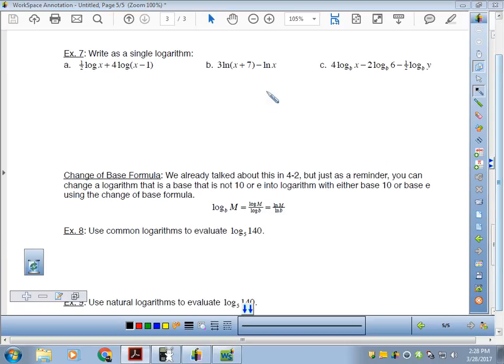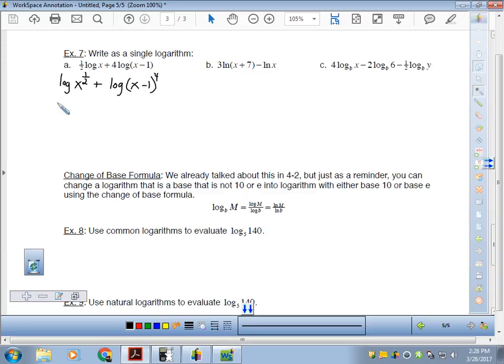So our directions in example 7 asks us to write each of these as a single logarithm. We have 1/2 log x plus 4 log x minus 1. Well, when we condense, the first thing we usually do is take a number in front and rewrite it as an exponent. So this is really log of x to the 1/2 plus log of x minus 1 to the 4th power.